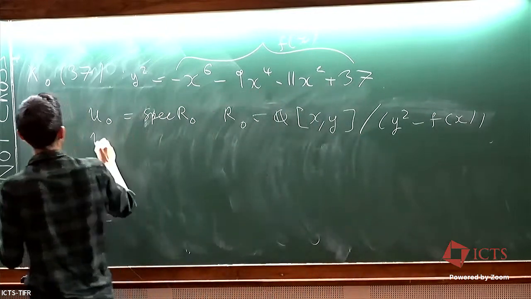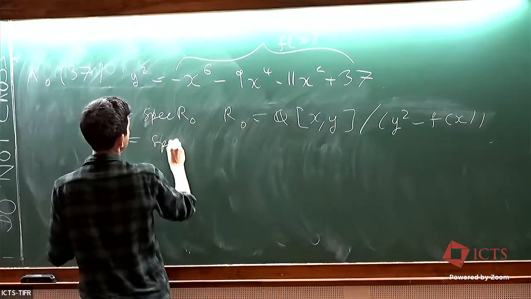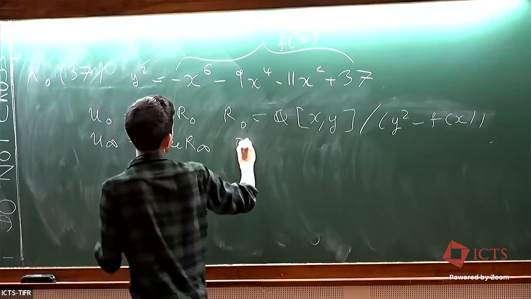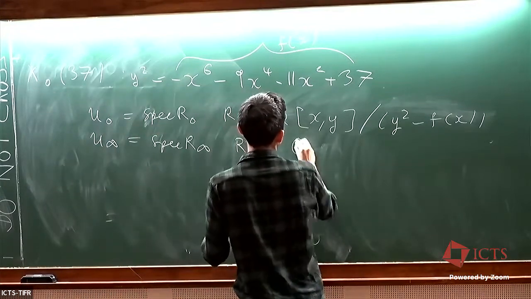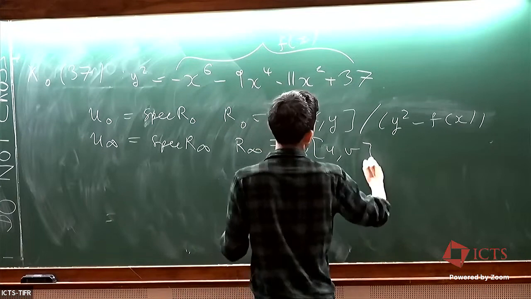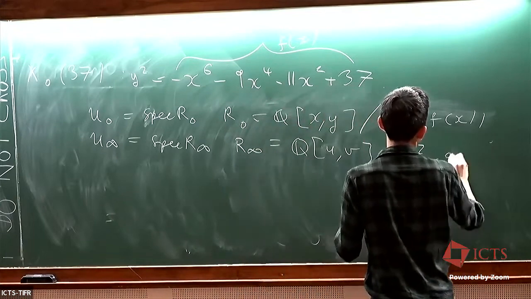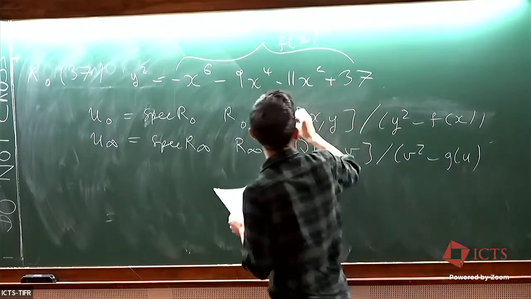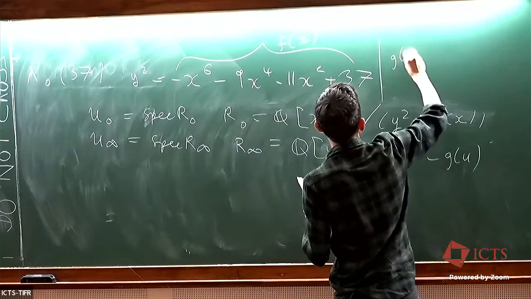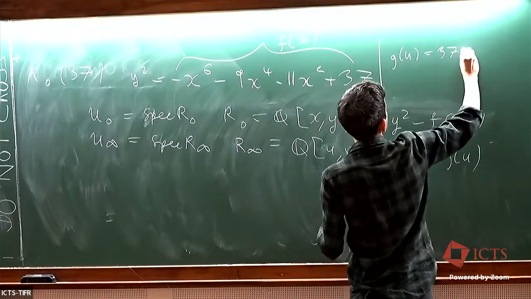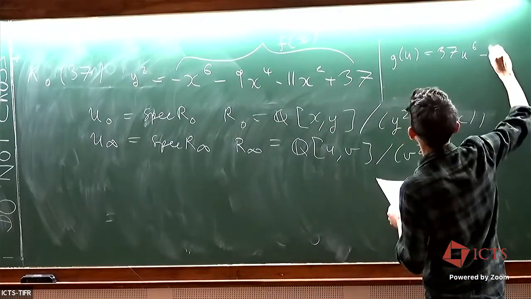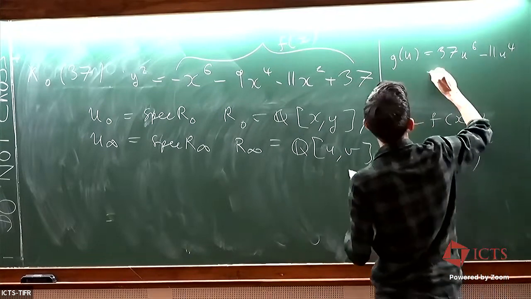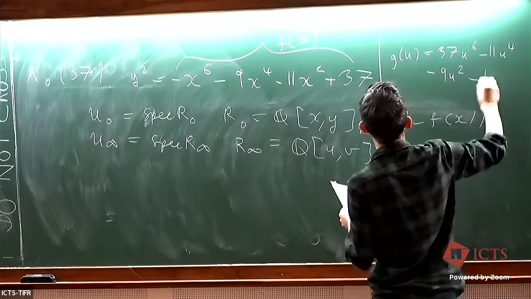And take this one at infinity, where f-tilde of u is 37u to the 6 minus 11u to the 4 minus 9u squared minus 1.